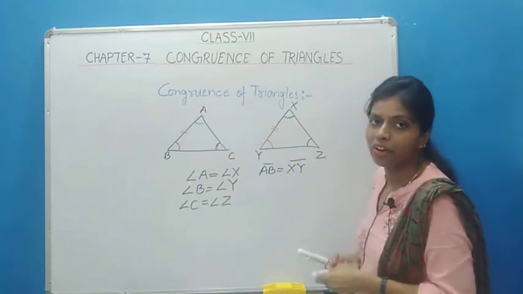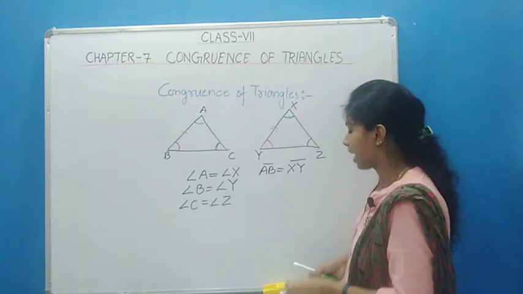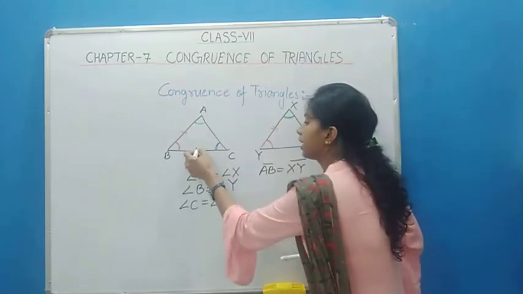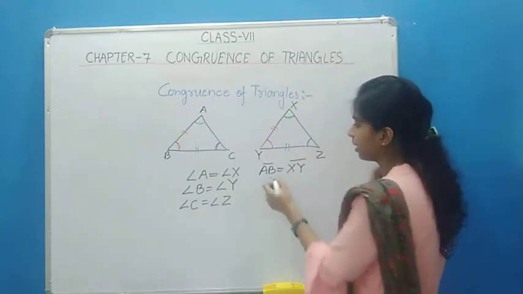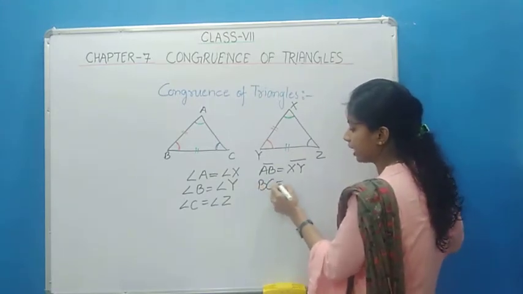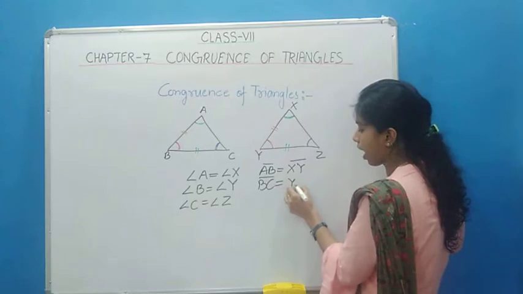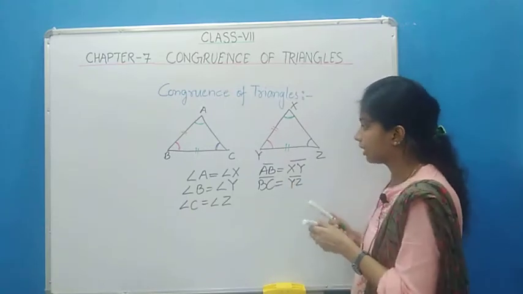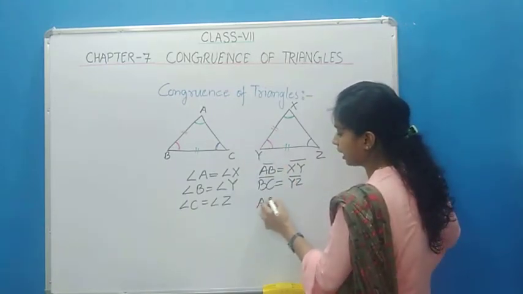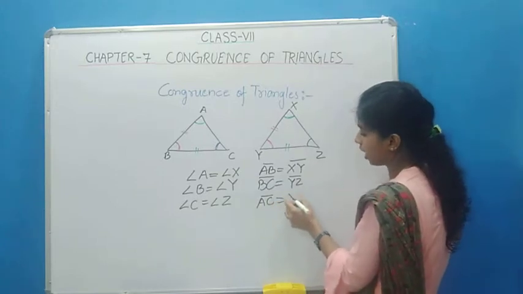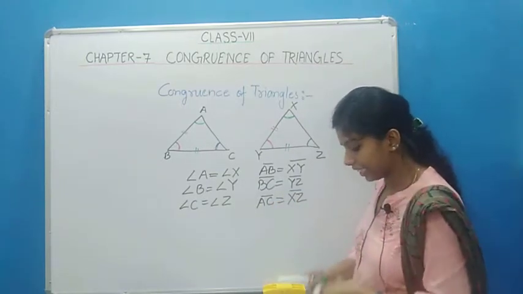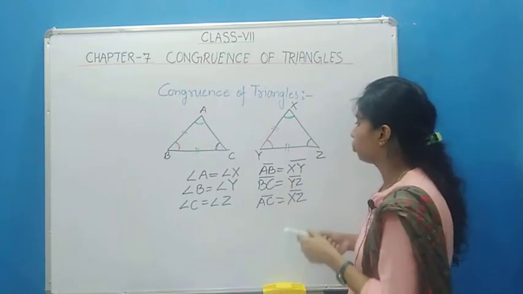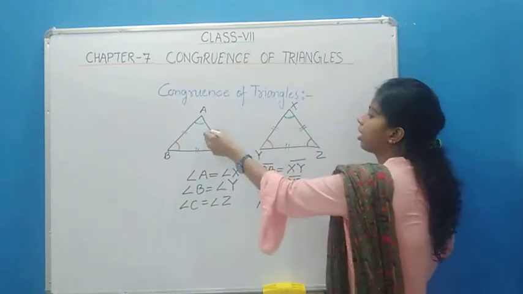Now if side BC is equal to YZ, let's write here, BC is equal to YZ, and at last if AC is equal to XZ. So what we can see is how many aspects we have to check in a triangle.